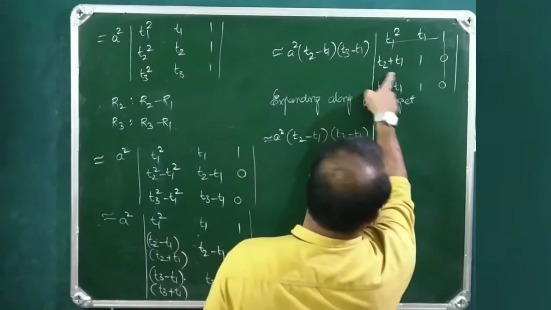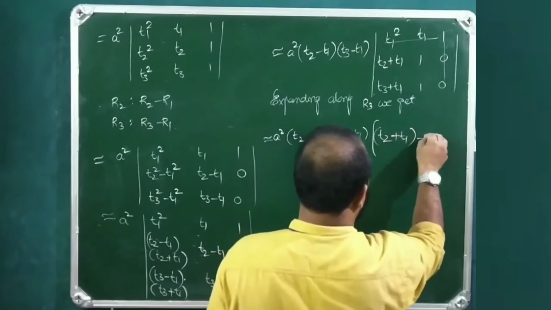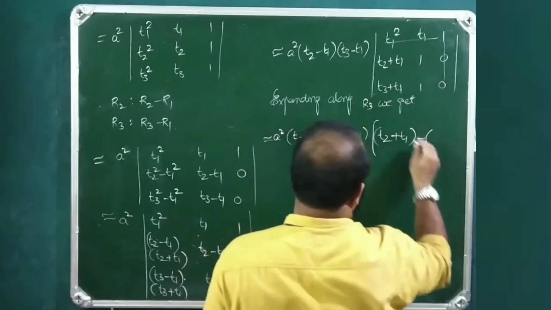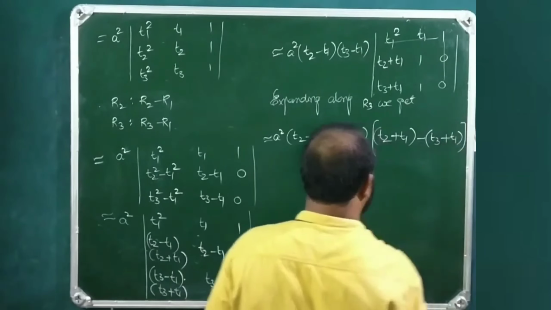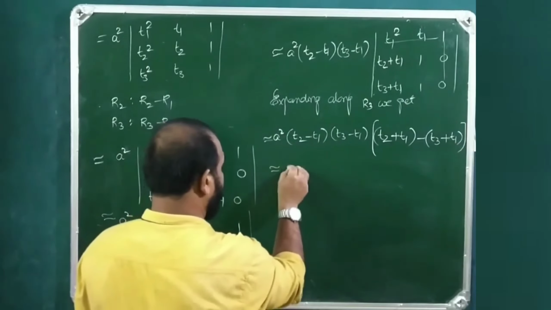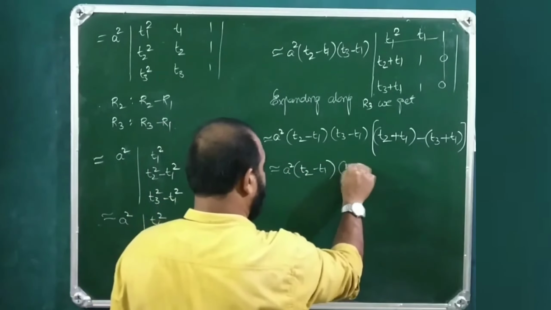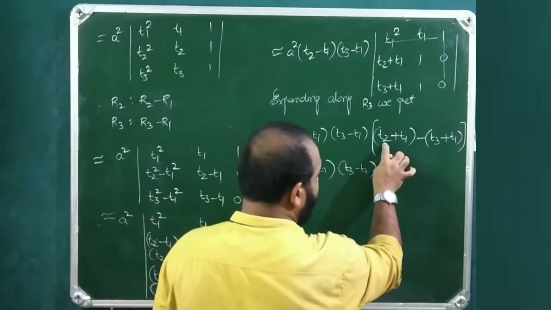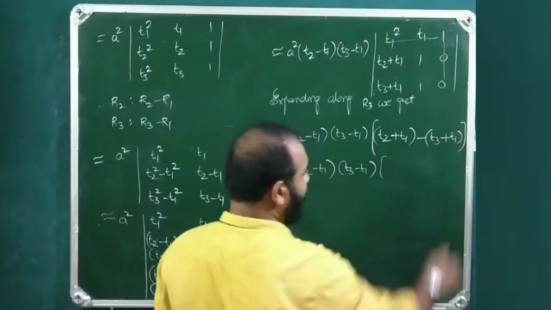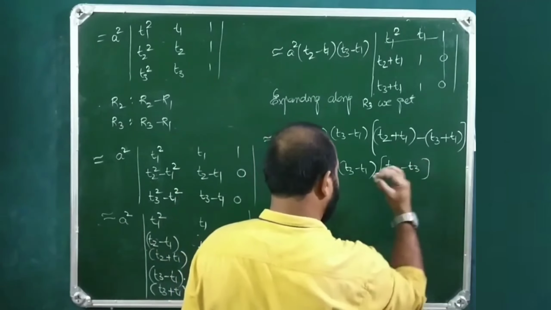So this is T2 plus T1 into 1 is T2 plus T1, minus of 1 into T3 plus T1 is T3 plus T1. This is equal to A square T2 minus T1 into T3 minus T1 into, this is T2 plus T1. T1 gets cancelled. We are left with T2 minus T3.